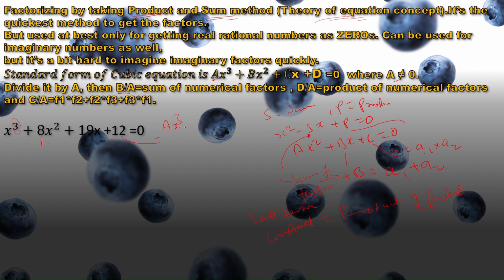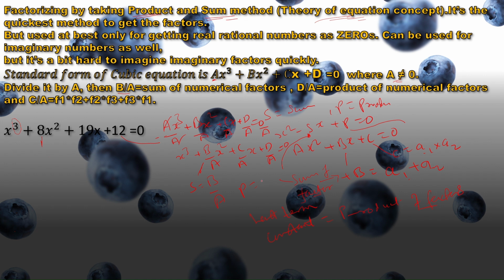So ax cube plus bx square plus cx plus d is equal to 0. If I divide everything by a, the a is gone: x cube plus b by a x square plus c by a x plus d by a is equal to 0.